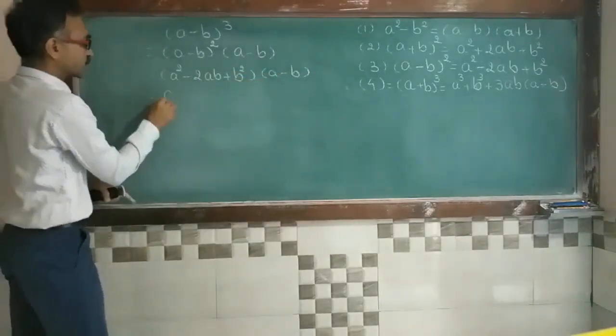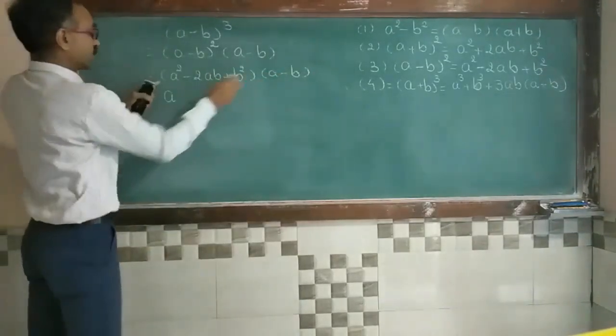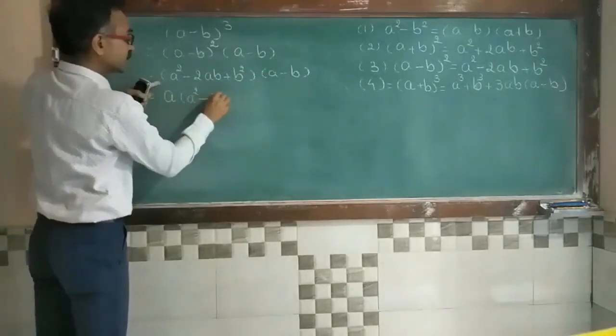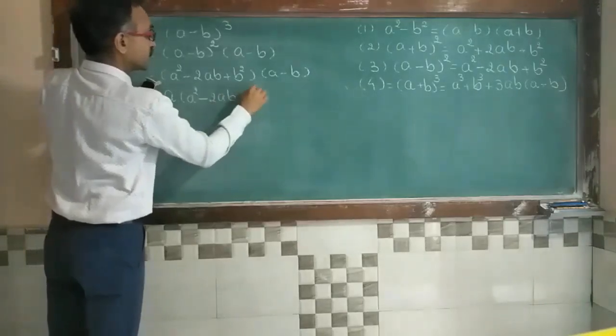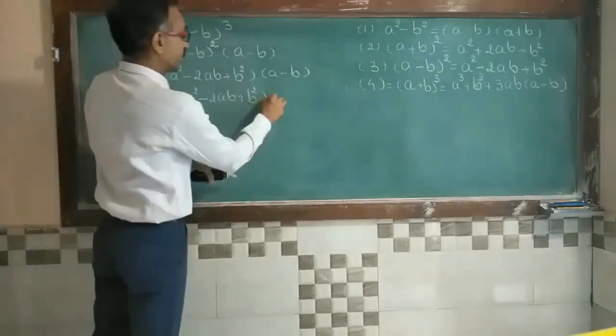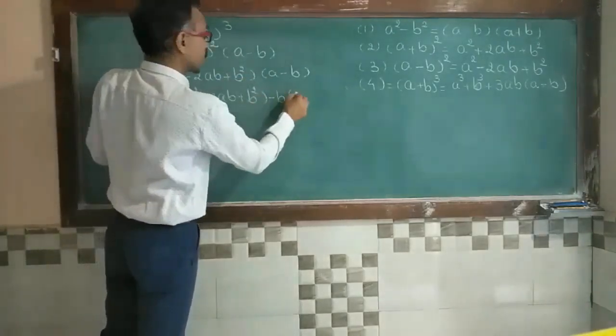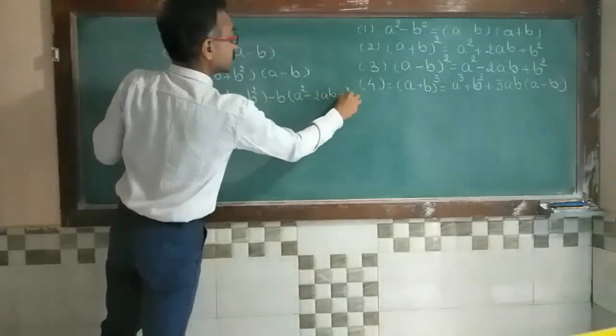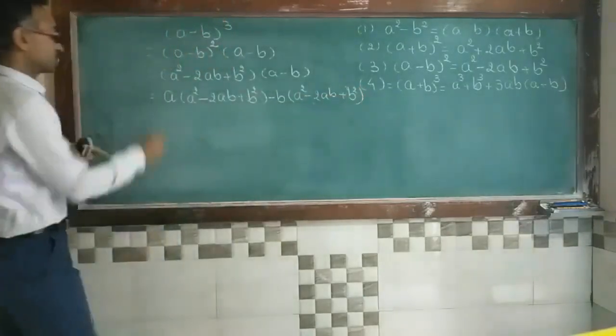So suppose a, hold the first bracket, multiply a square minus 2ab plus b square, then minus b into again a square minus 2ab plus b square.